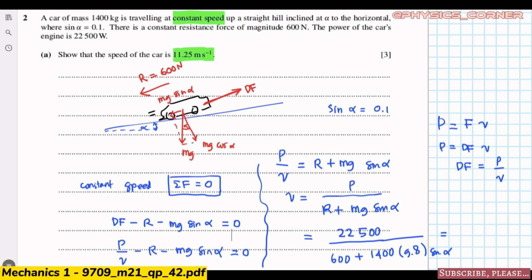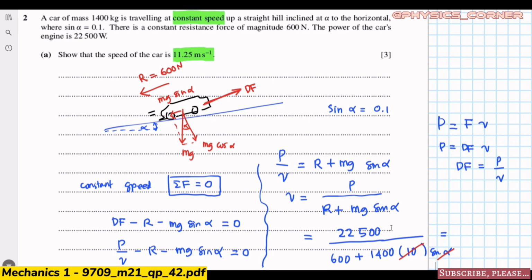Sine alpha is 0.1, so if we use gravitational acceleration as 10, then 10 times sine alpha is 0.1, so we can cancel this. So this is 22,500 divided by 2,000.